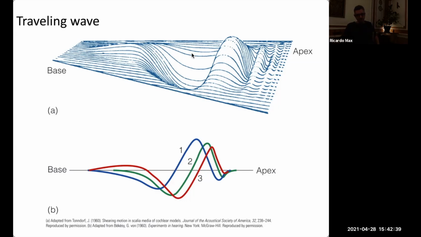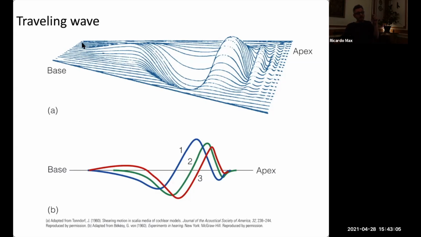Now, the basilar membrane is not stretched. It remains with the same tension all the time, meaning that when it vibrates according to the sound that was transmitted, it vibrates at exactly the same frequency all along it.